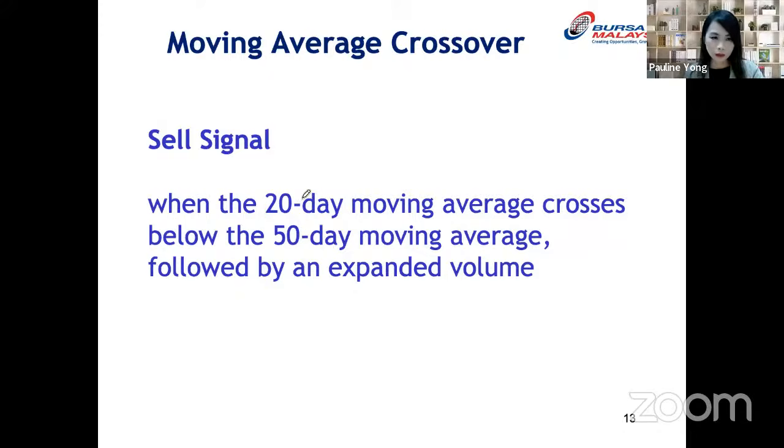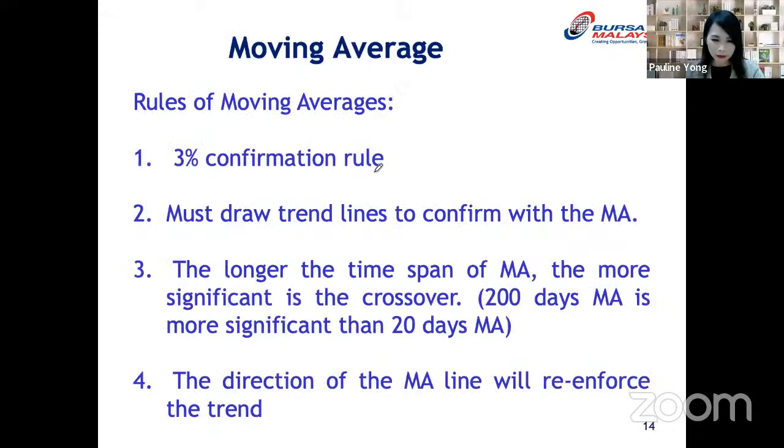This is still on the moving average. Let me cover this little part here. For the moving average, there are some rules. There is a 3% confirmation rule. Say the price is here, and the 20-day moving average line crosses over it. There is a rule of a 3% confirmation, that it must cross above by 3%.